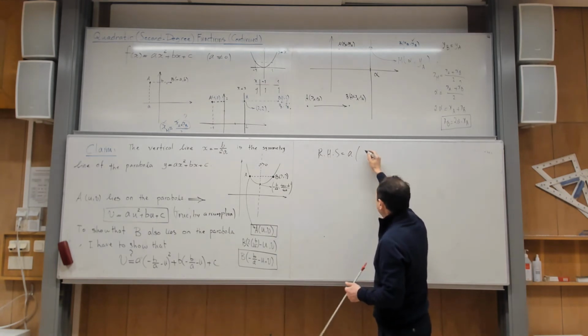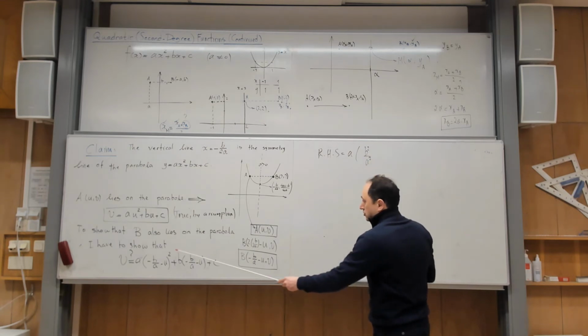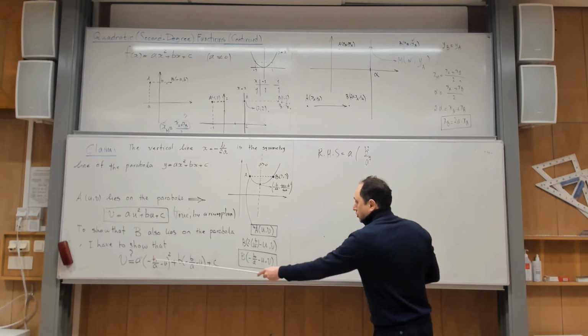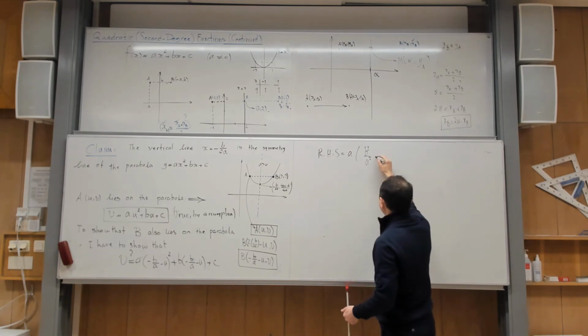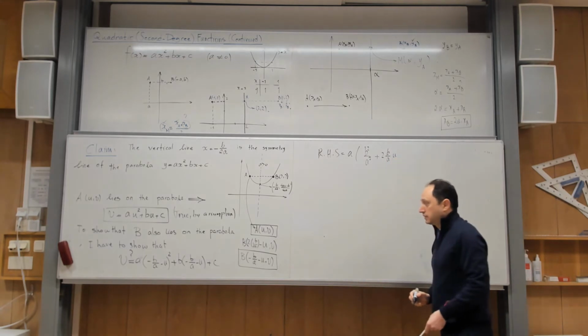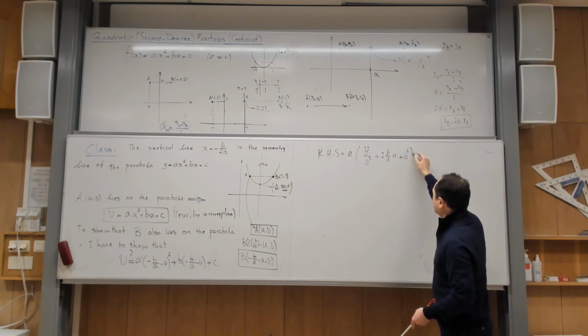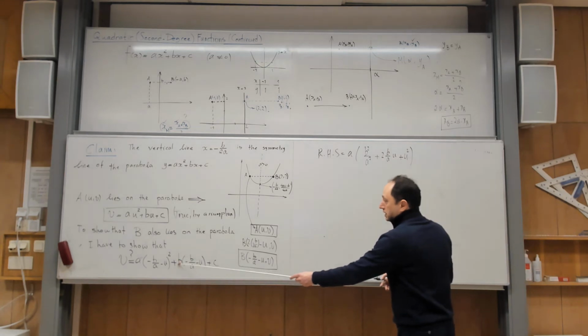b squared over a squared. And then minus 2 times the first one times the second one. Positive or negative at the end? Positive, because both of them are negative, so it turns out to be positive. So it becomes plus 2b over a times u. And then the second one squared is u squared. Yes? And then I will multiply this b in.